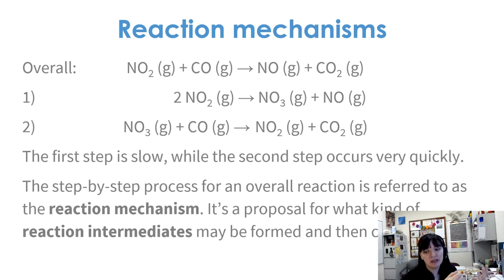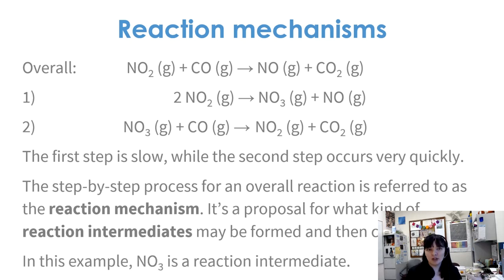Specifically, if we have some chemical that is produced in one step and then consumed in a later step, this is referred to as a reaction intermediate. So in this example, that nitrogen trioxide, because it comes from step one but is then used up in step two, is why we don't see it in the overall reaction. But it is itself part of the reaction. It's known as a reaction intermediate.